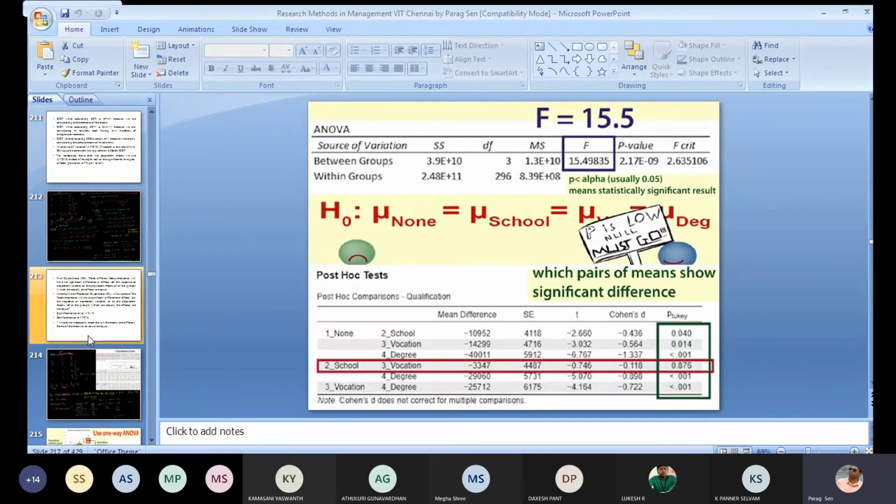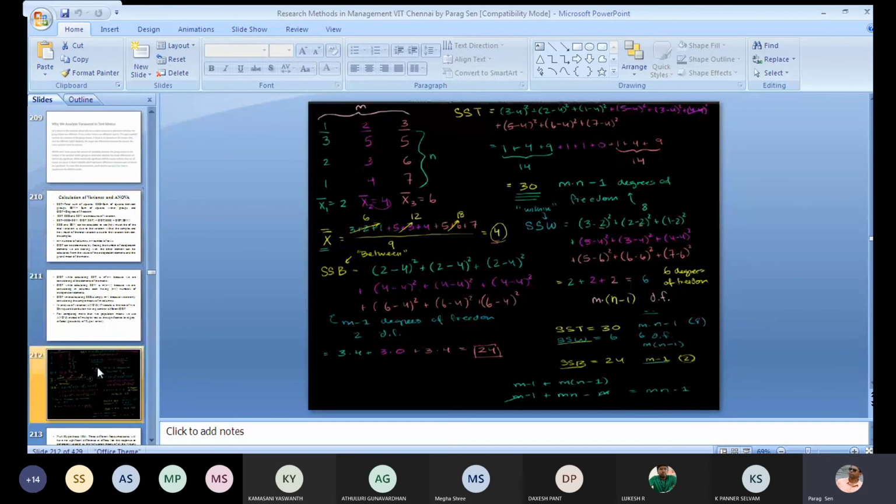This is the example that I have provided here. This is the example of one-way ANOVA, because there is only one independent variable. For example, if you take food or medicine, or speed, it is only one independent variable.